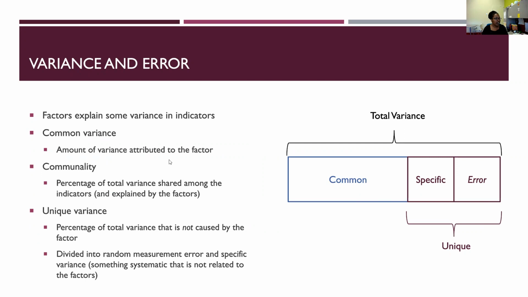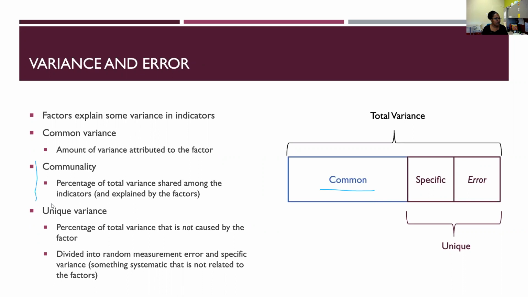The first source is common variance. That should be the highest percentage, at least 16%, and ideally more than 49%. This is the amount of variance in the indicator that's coming from the factor. That's what the loading indicates.